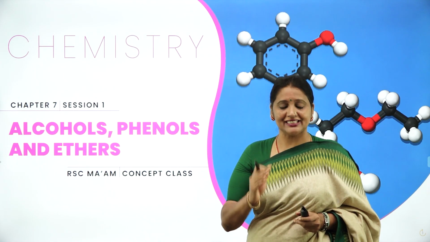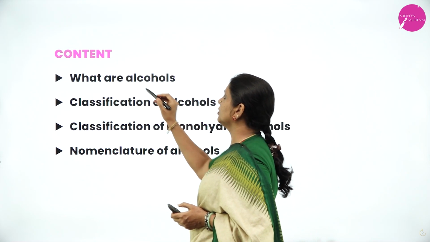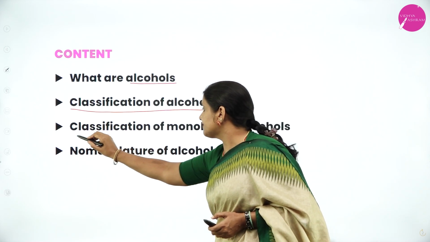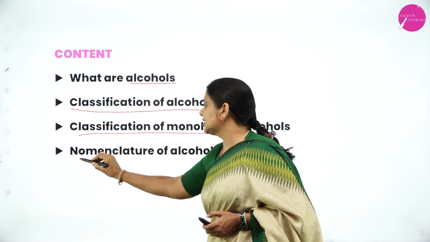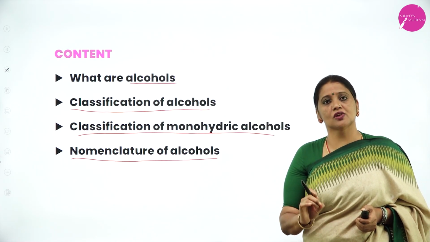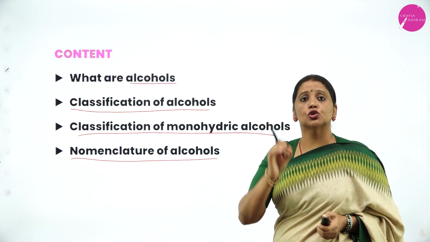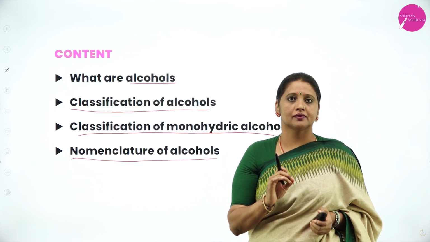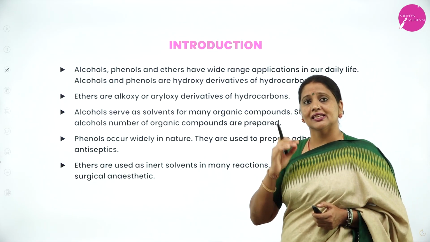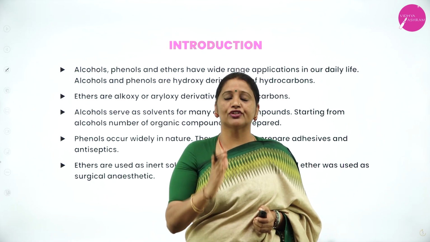In this session, I am going to give the definition for alcohols, classification of alcohols, classification of monohydric alcohols and nomenclature of alcohols. Now, in this chapter, we have to deal with 3 organic compounds: alcohols, phenols and ethers.